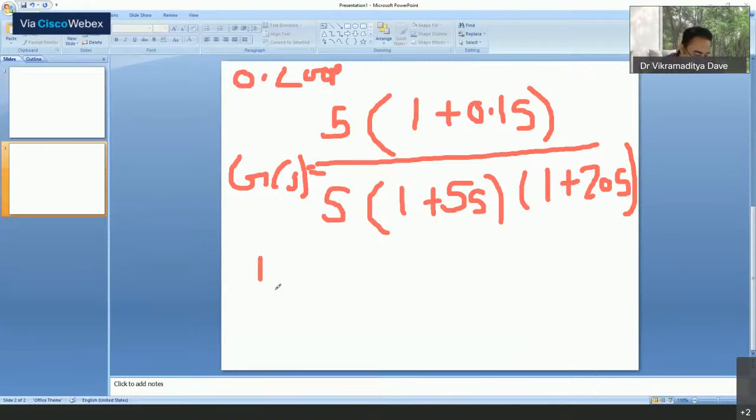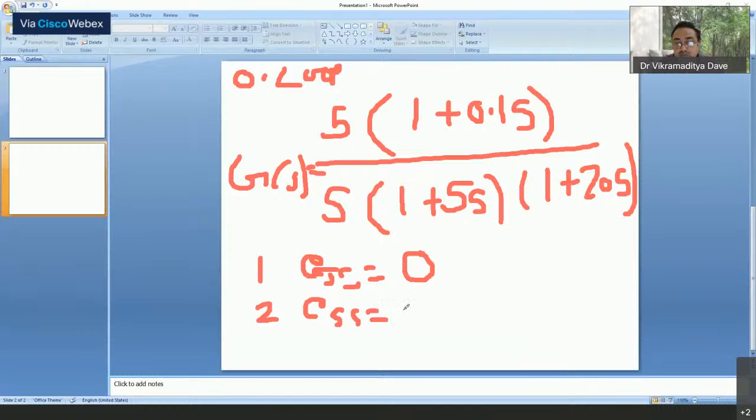The first statement is that the steady state error for a step input of magnitude 10 is equal to 0. So when you apply a step input of magnitude 10, not unity, the steady state error comes out to be 0. Second statement: the steady state error for a ramp input of magnitude 10 is given as 2.